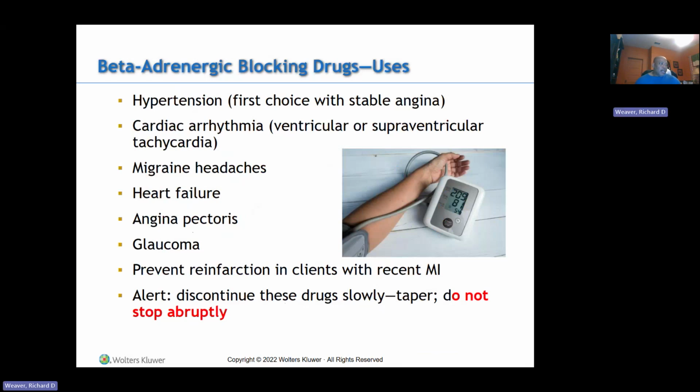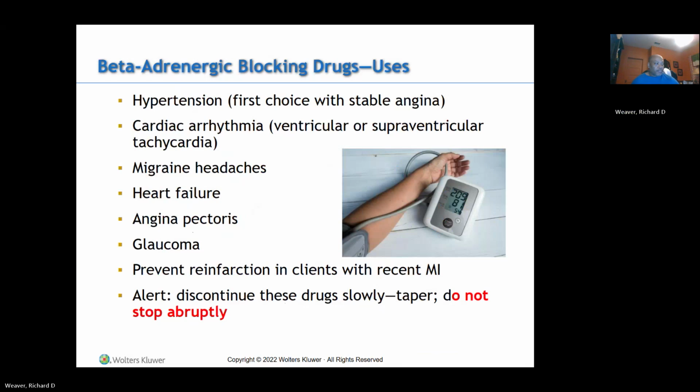All right. Then it's also used in angina pectoris, which is just angina or chest pain, and in glaucoma. It also prevents reinfarction in those with a recent MI, because if the heart has to work too hard, this individual can develop another heart attack. So what this drug does is prevent that reinfarction.